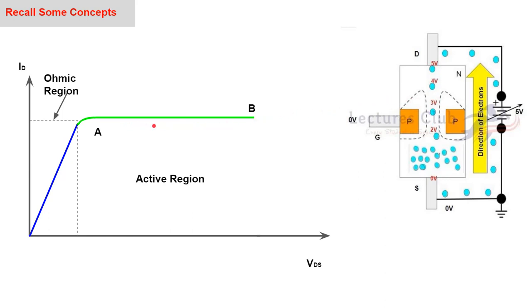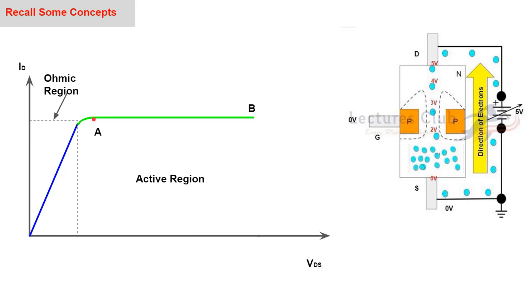The drain current will become almost constant, because the channel has become very narrow. The current will not increase, because when the current increases, more electrons want to move through the channel, but the channel has become narrower, so no more electrons can flow through, and a particular number of electrons will flow through the channel, and the current will become constant.